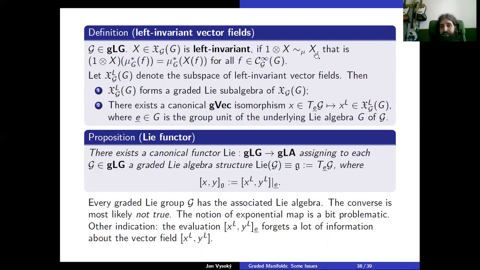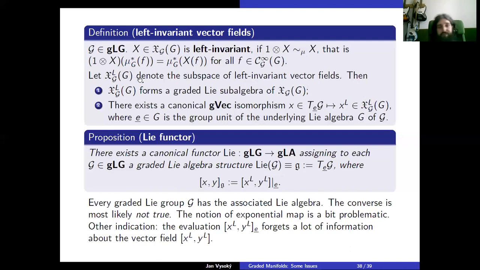This is a vector field on G, and you simply want them to be mu-related, which is well defined for graded manifolds, because it simply means that this vector field applied on the pullback of a function from G is the same thing as the pullback of this vector field acting on the function. So it's a very natural condition, and this is a good notion of left invariance, and it coincides with the ordinary notion of left invariant vector fields in ordinary differential geometry.